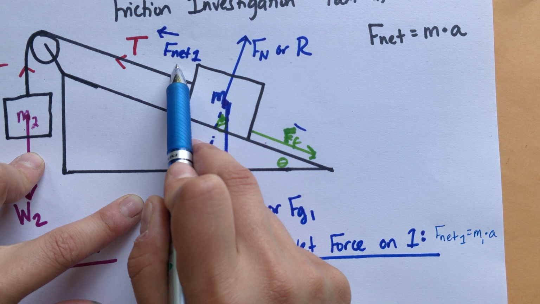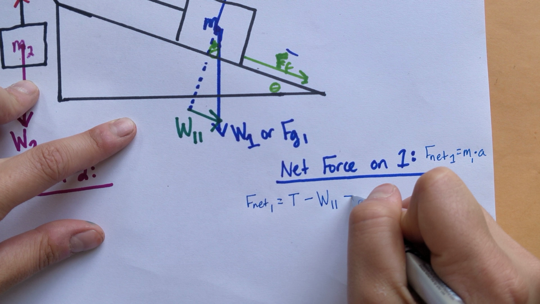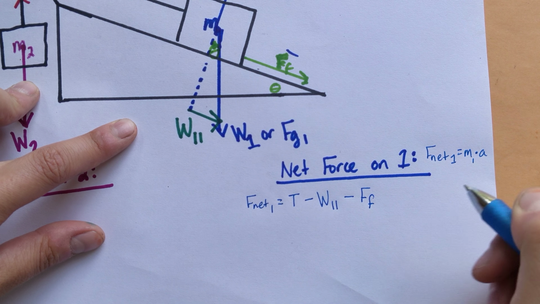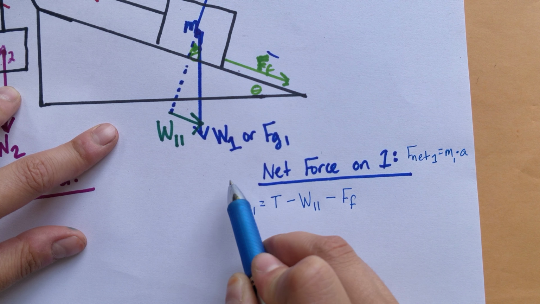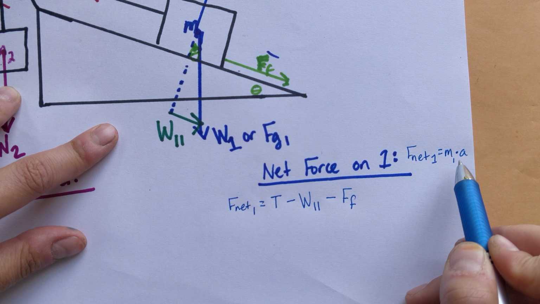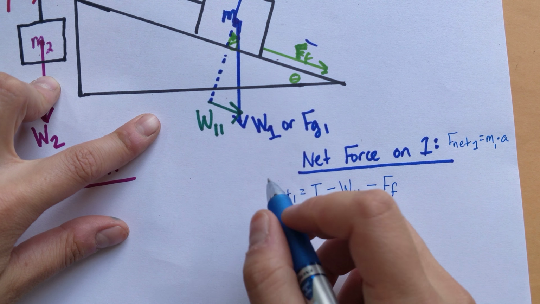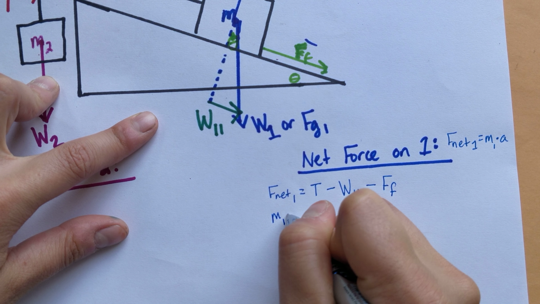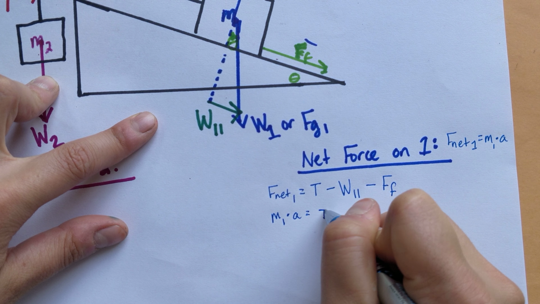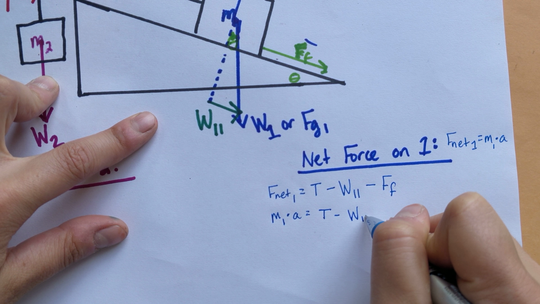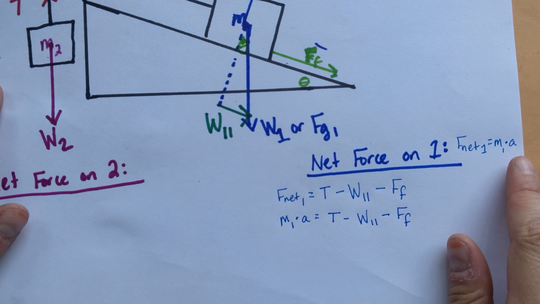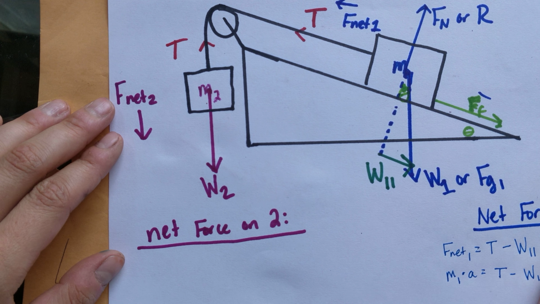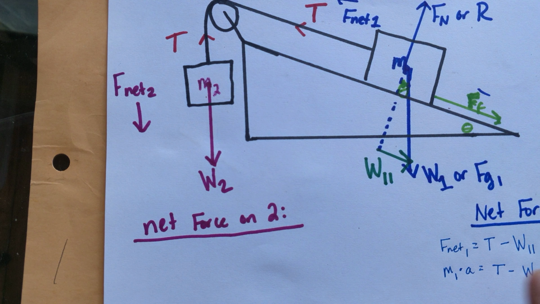It is also opposite to the net force, so this becomes minus F of F. And now, because according to Newton's laws, if I have these net forces, then I'm going to have an acceleration acting on mass 1, so I'm going to rewrite this as m1 times A equals tension minus weight parallel minus the force of friction.